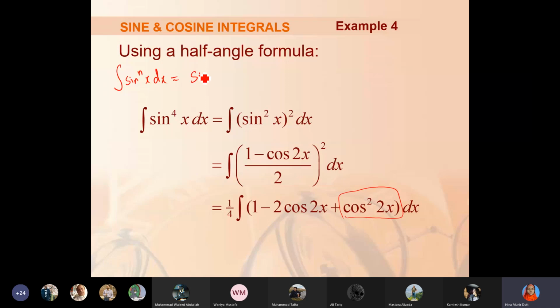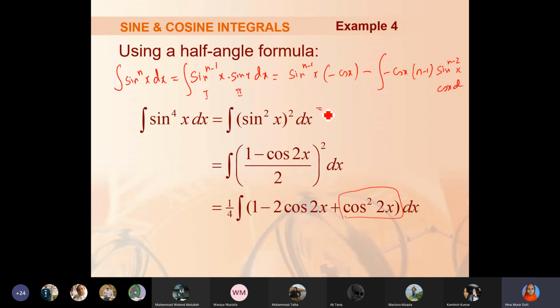So I will write it as sin n minus 1 x into sin x integration. Now this is my first function. This is my second function. First function as it is. Integral of second function, which is minus cos x, minus integral of second function, derivative of first function, which is n minus 1 sine of n minus 2x into cos x dx.